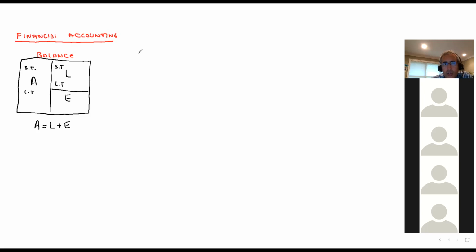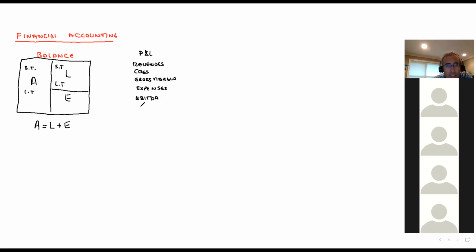Now, there is another financial statement that is called the P&L. The P&L has a bunch of pieces, but let's say revenues, cost of goods, you have the gross margin. Then you have expenses around here. We have the earnings before interest, tax, depreciation and appreciation.